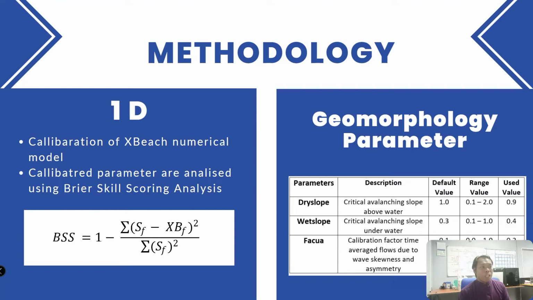The geomorphology parameters that I changed for XBeach are basically dry slope, wet slope, and also facua. I also gave a user value: for dry slope is 0.9, wet slope 0.4, and facua is 0.2.